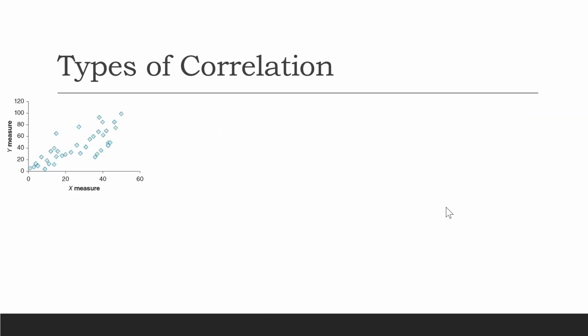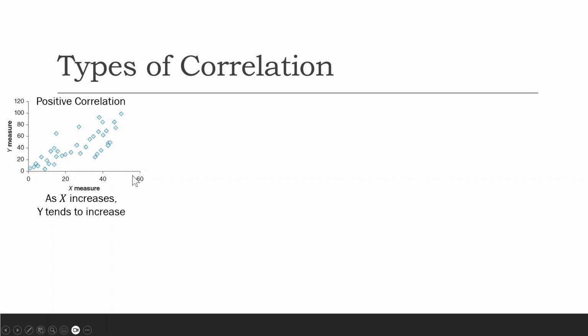One of the types of correlations is a positive correlation. As you can see from this graphic here, as x increases, and we always read graphs from left to right, that means if I start at the origin and go to the right, that's as x increases. This horizontal axis is our x-axis.